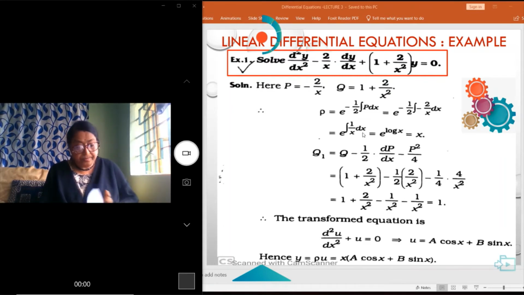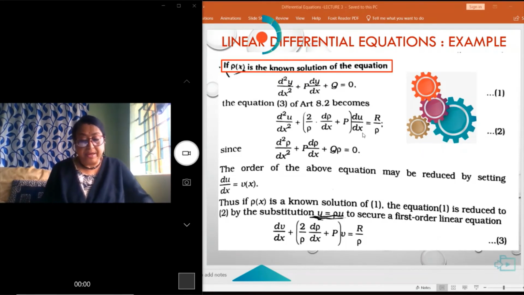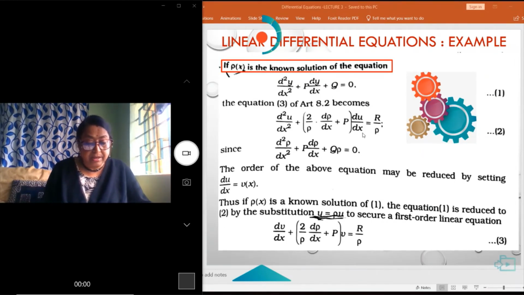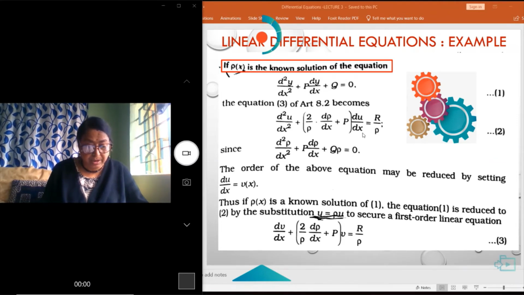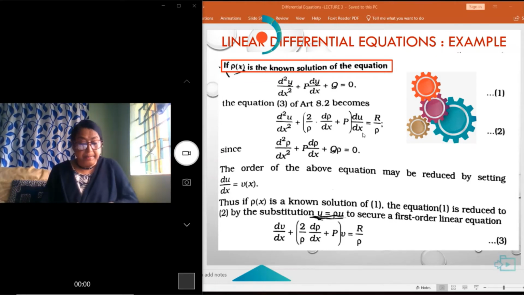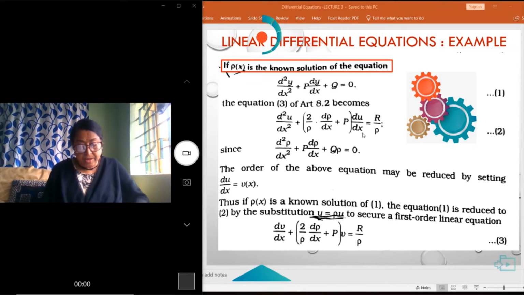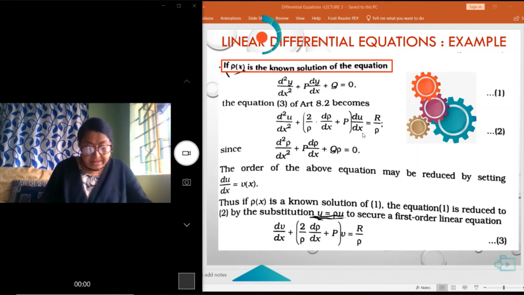Now, to solve this type of equation, d2y/dx² + p dy/dx + q y = 0, by changing the independent variable, we may get 1 + p + q.